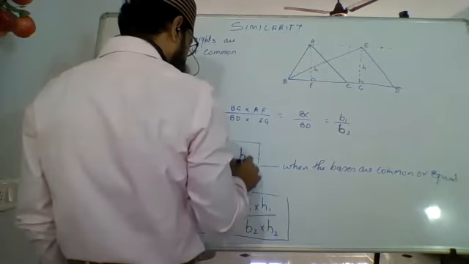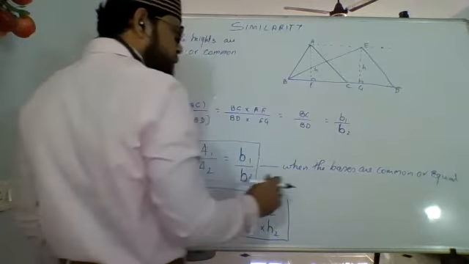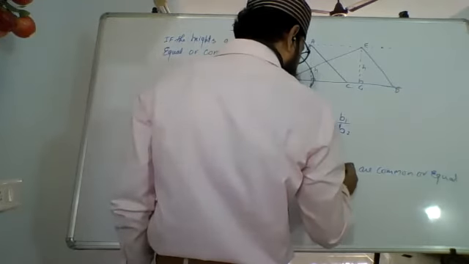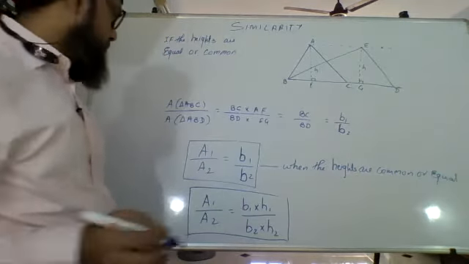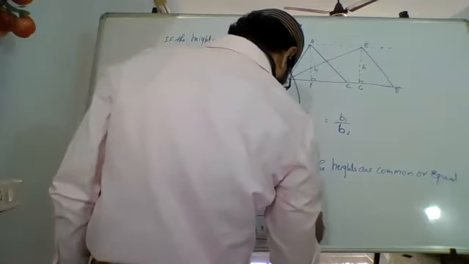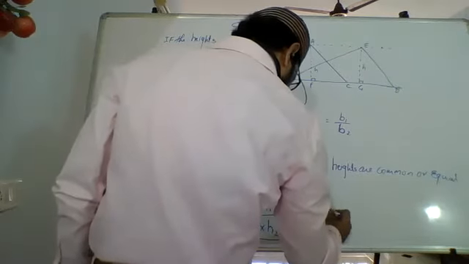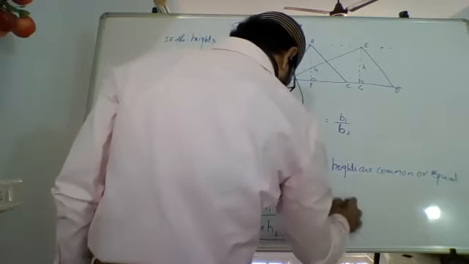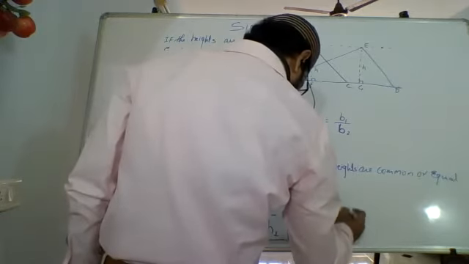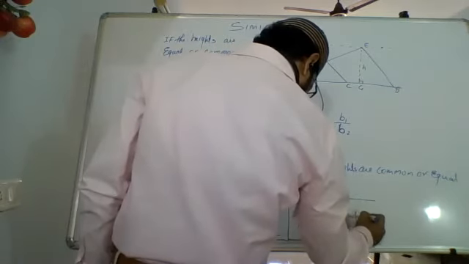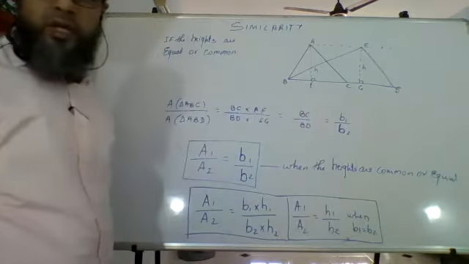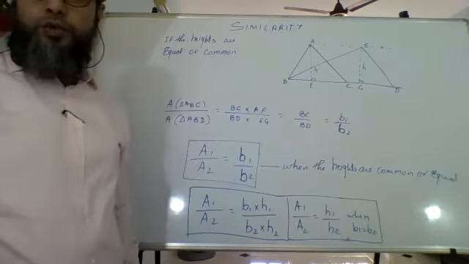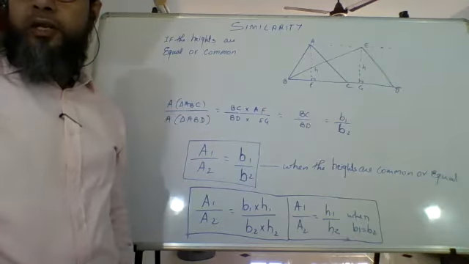So A1 upon A2 is equal to B1 upon B2 when the heights are common or equal.